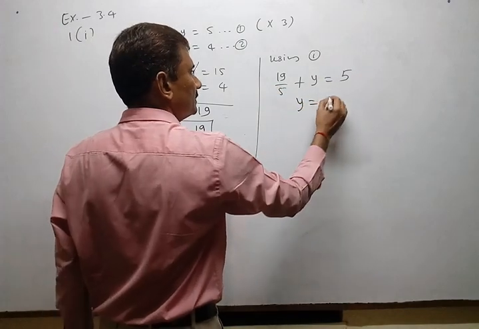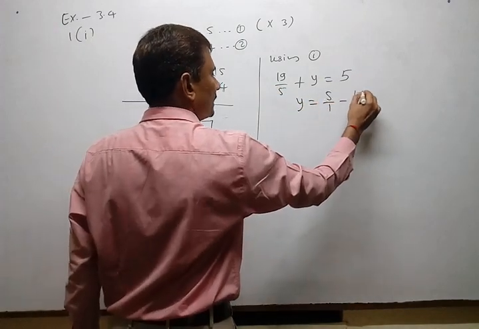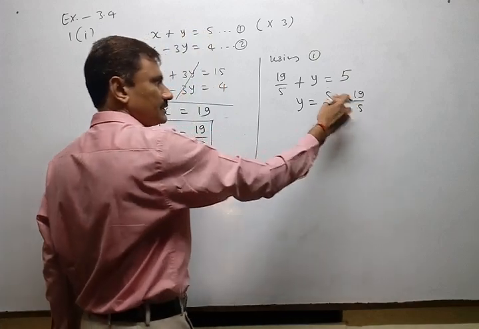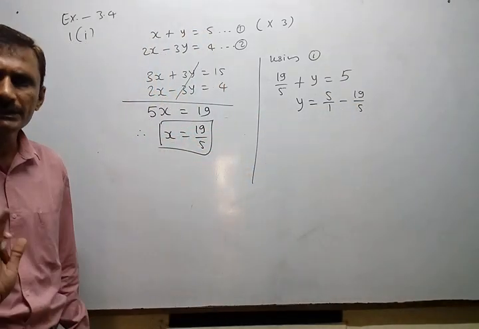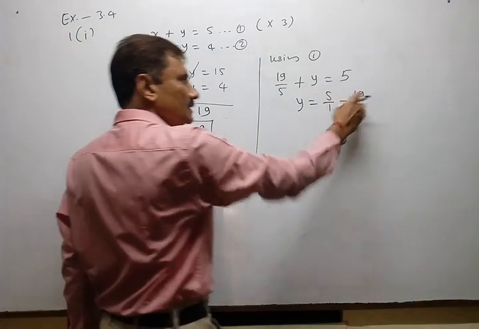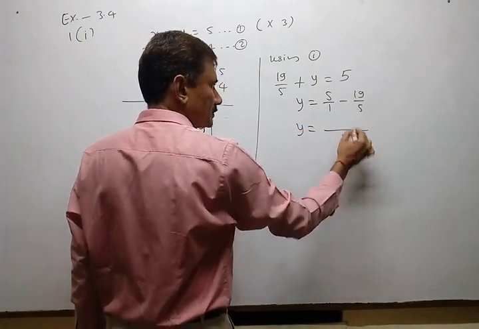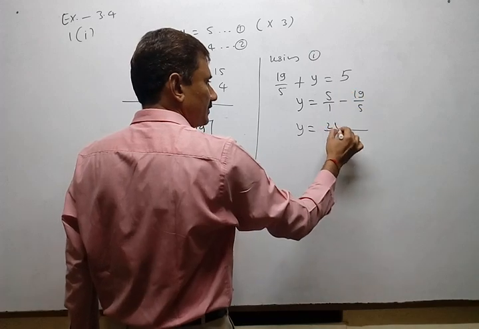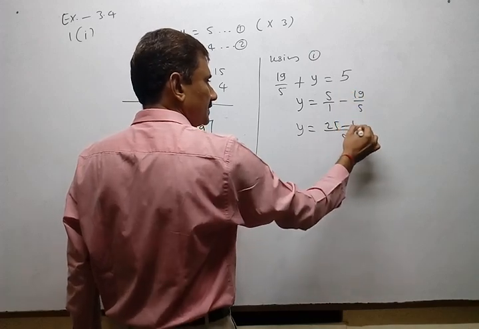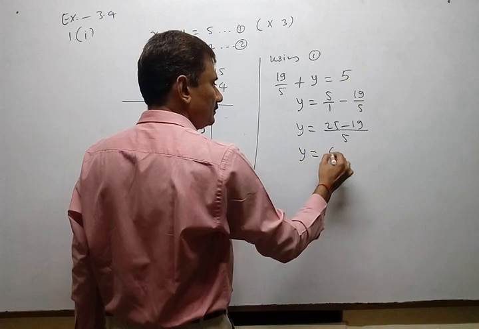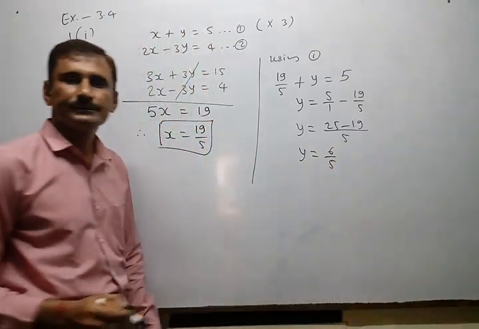So y goes there. So 5 upon 1 minus 19 upon 5. One is a fraction, then the other must be converted into a fraction also, so that we can solve it. So y equal to cross multiply. 5 ones are 5, 5 fives are 25, minus 19. So y equal to 6 upon 5.